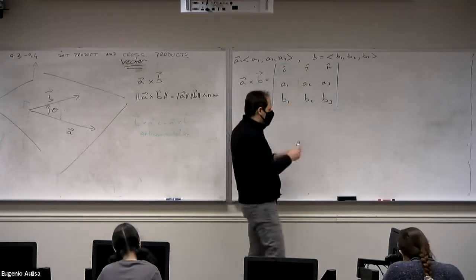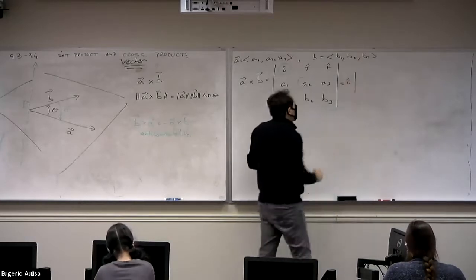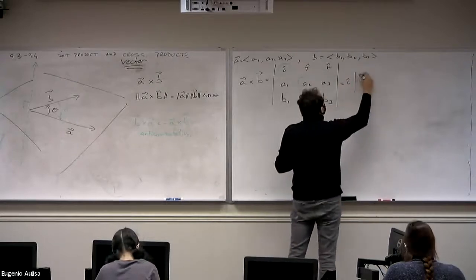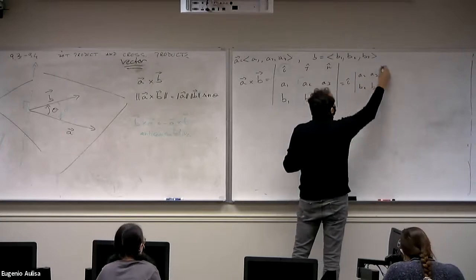So it's going to be i, which multiplies the determinant of the minor, A2, A3, B2, B3.